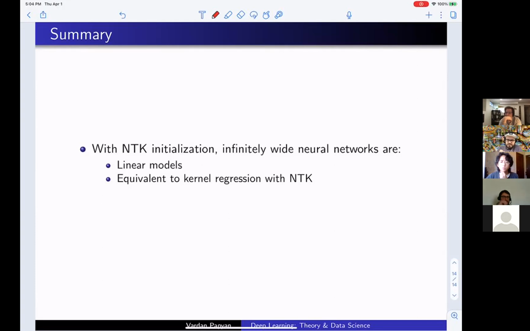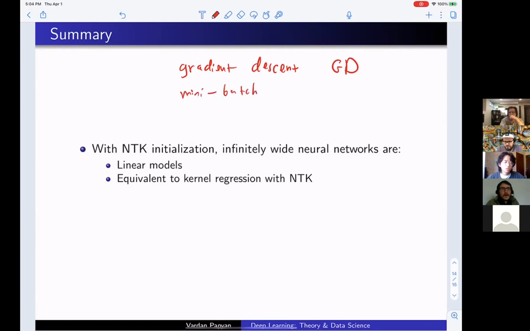So there's several things. There's gradient descent, which is usually denoted GD. There is mini batch GD, and there is stochastic GD. Here the batch size is equal to the whole data set.